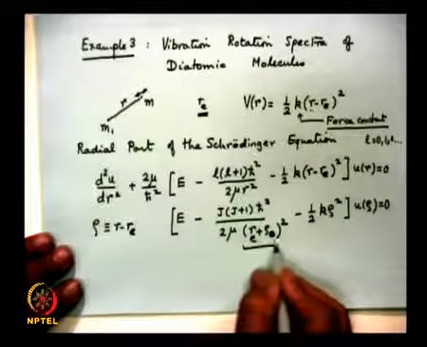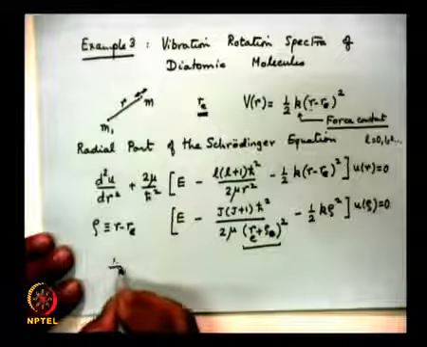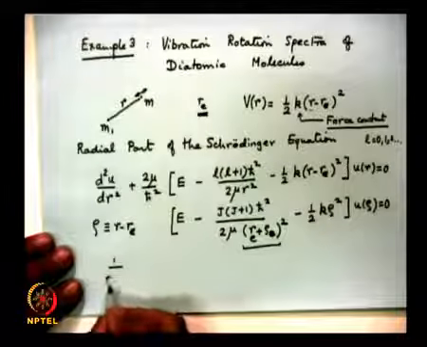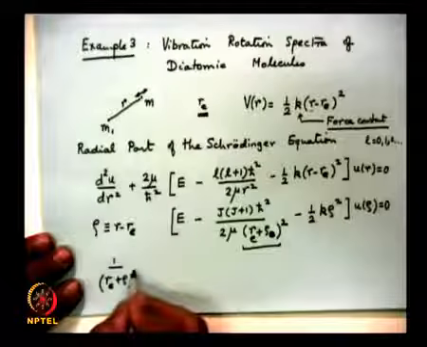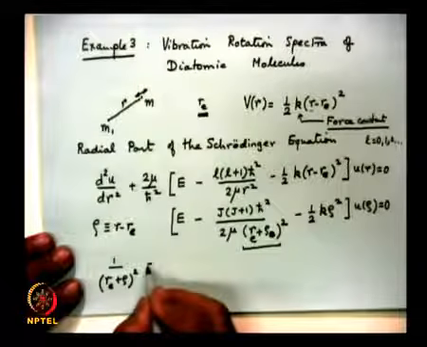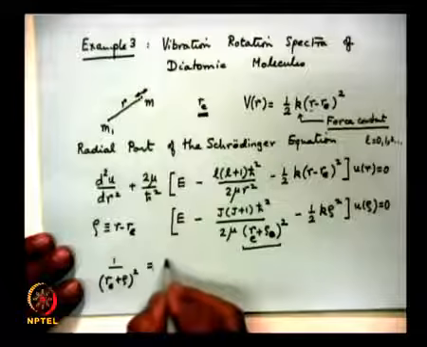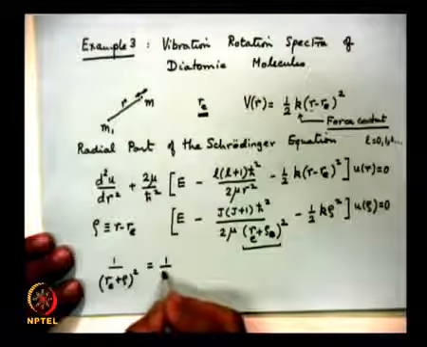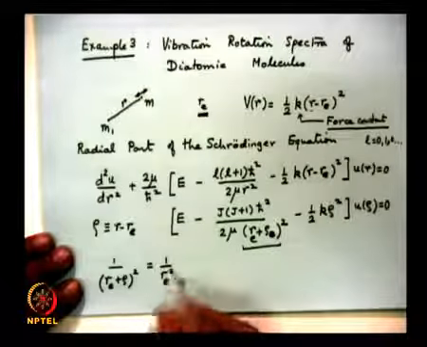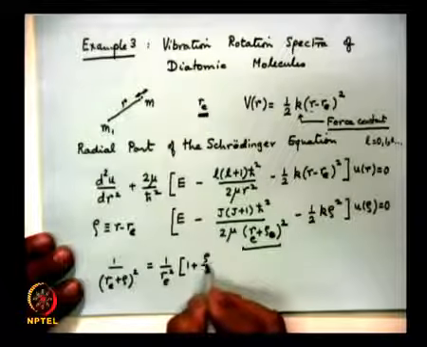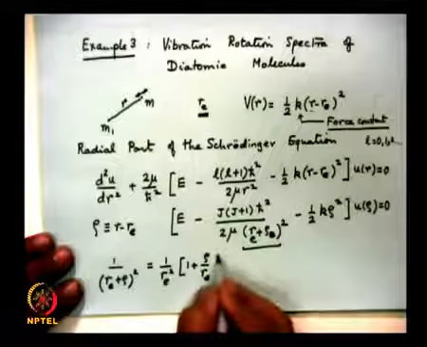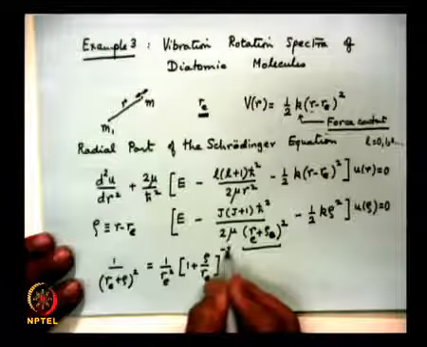This quantity can be written as 1 over Re plus rho whole square. If I take Re outside, I can write this as 1 over Re square times 1 plus rho by Re raised to the power of minus 2.